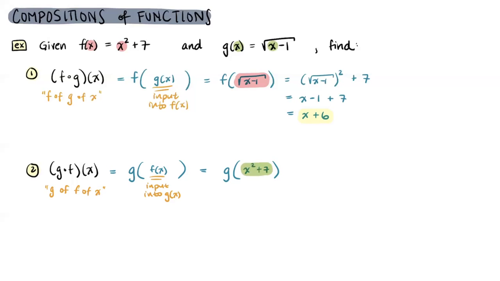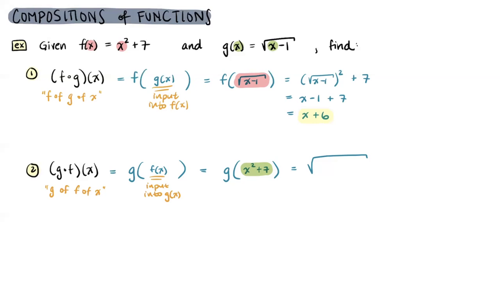Everywhere that we see an x in the g of x formula, we're basically just sticking this whole thing in for x. Just like before, we stuck this whole thing into x, now we're just doing it in the other direction. So what does g of x do? It takes the square root of x minus 1. But remember, x is just a placeholder. I know it gets confusing because we use x's all the time.